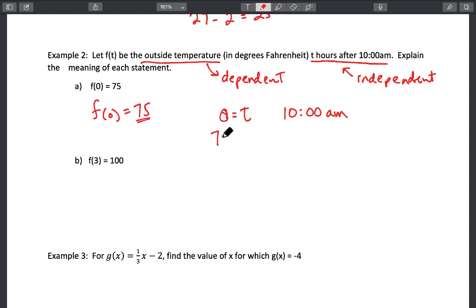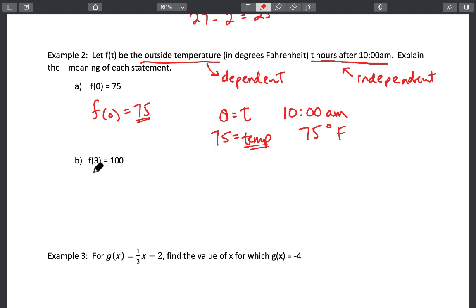So 75 represents my outside temperature in degrees Fahrenheit. So at 10 a.m., I'm going to write temperature here. 75 degrees equals my temperature at 10 a.m., and that's going to be in degrees Fahrenheit.